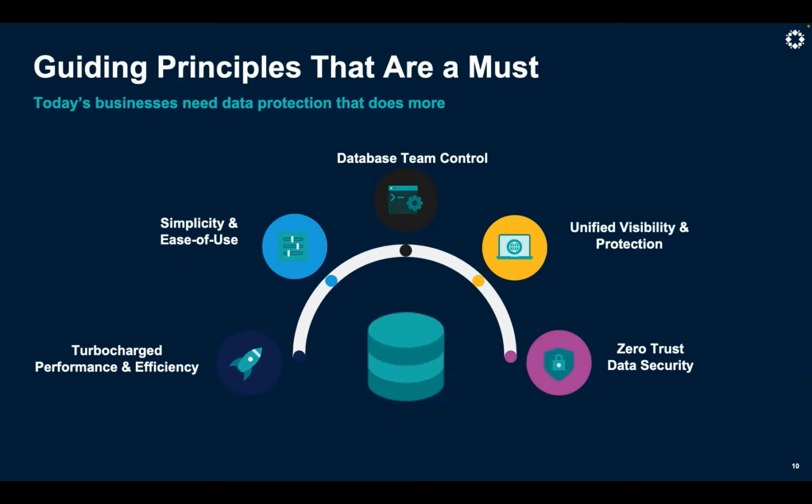However, this automation shouldn't come at the expense of control, especially when it comes to managing recoveries. It's important to have a solution that keeps the database teams in the driver's seat, allowing them to exercise their expertise when they want and how they want, while abstracting the rest.